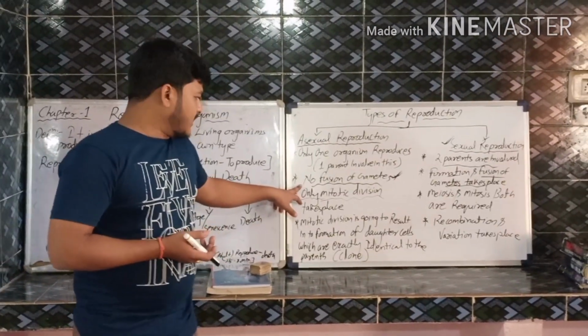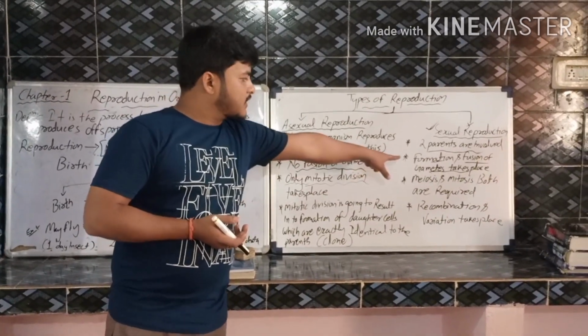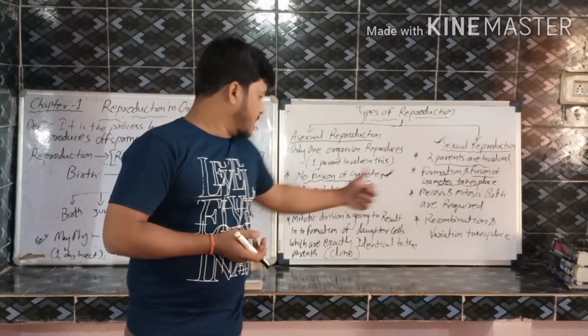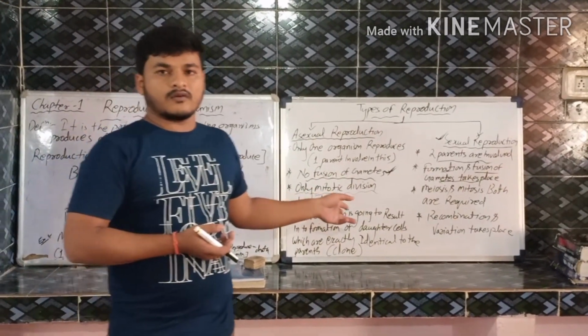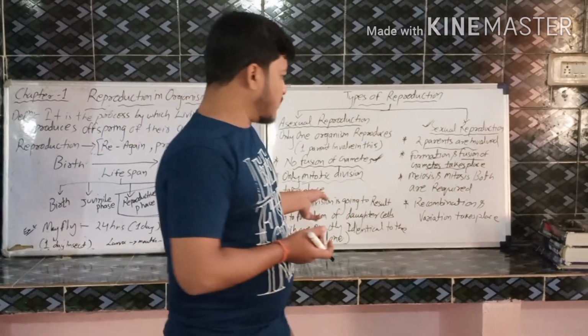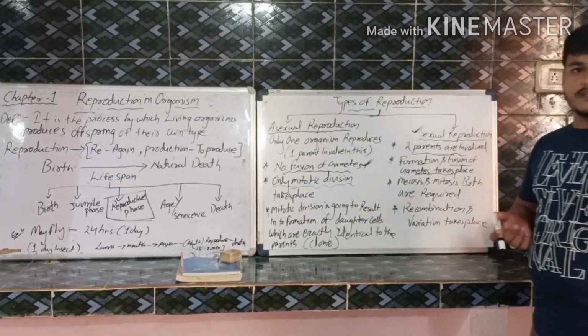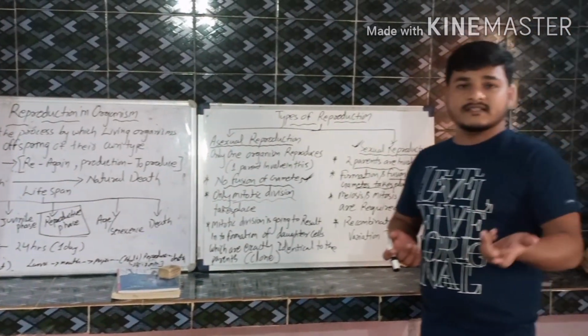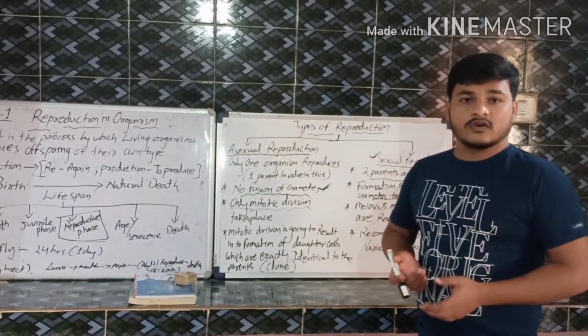Next, there is no fusion of gametes in asexual reproduction, whereas in sexual reproduction the formation and fusion of gametes takes place. Only mitotic division takes place here. You all know mitotic division from the cell division chapter in first year. Mitotic division results in a single daughter cell, a single copy of the parent, which is known as a clone.